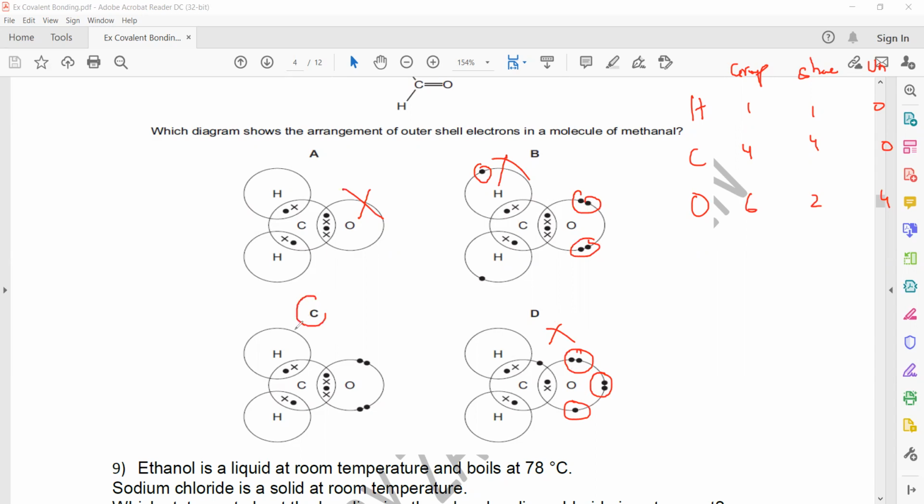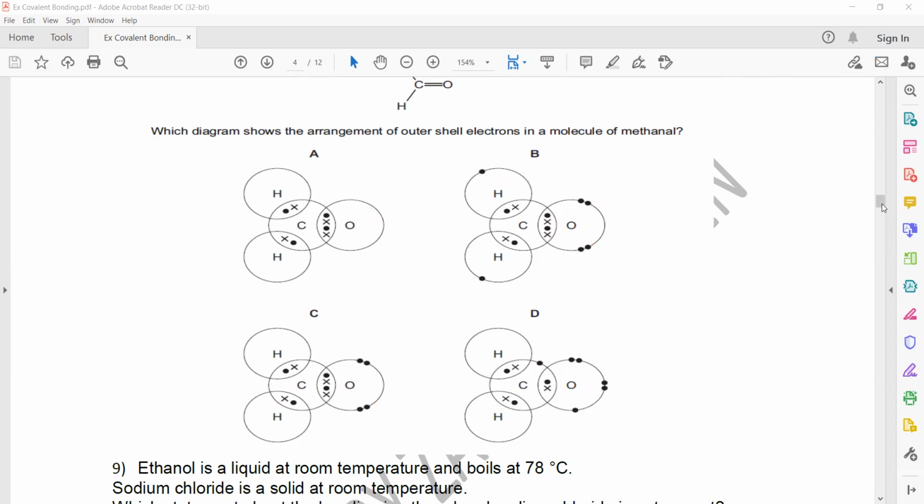We are left with option C, in which oxygen has 4 unshared electrons, and hydrogen and carbon do not have any unshared. These types of diagrams are given, and if you directly check the unshared electrons, you can simply get the correct answer.